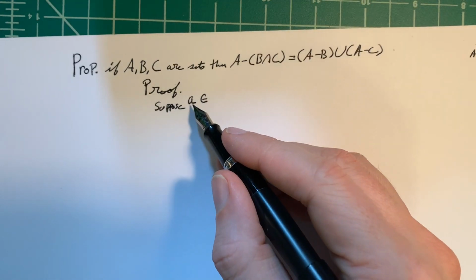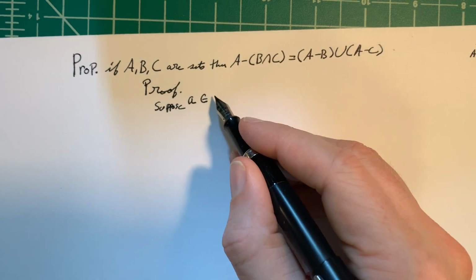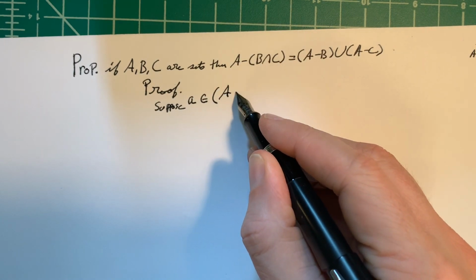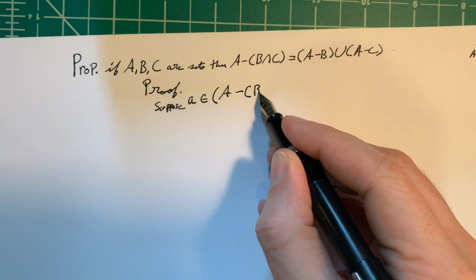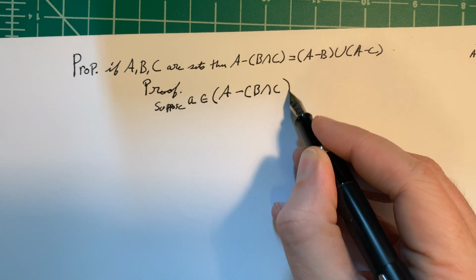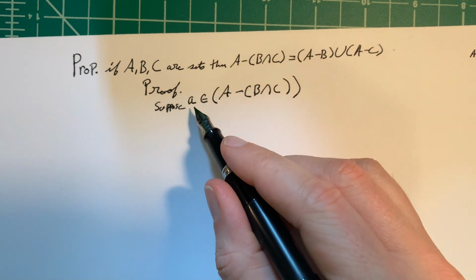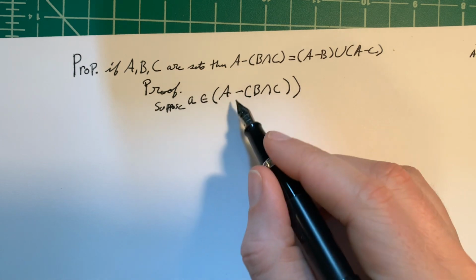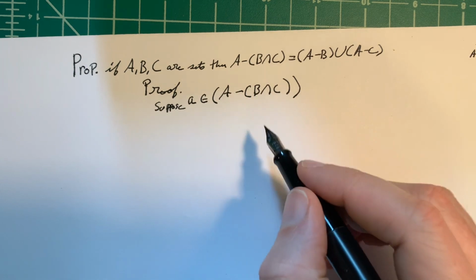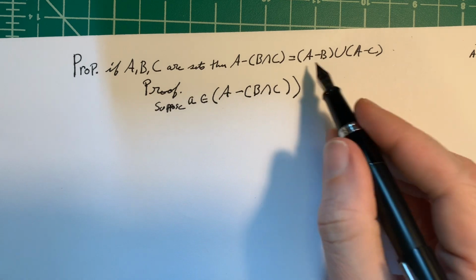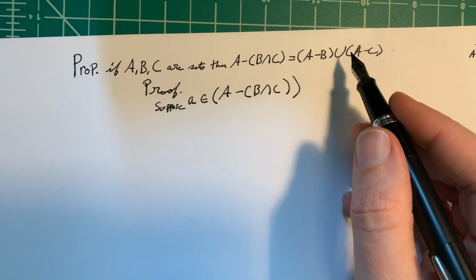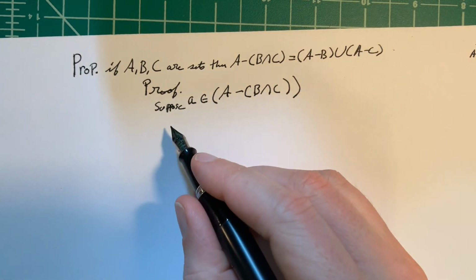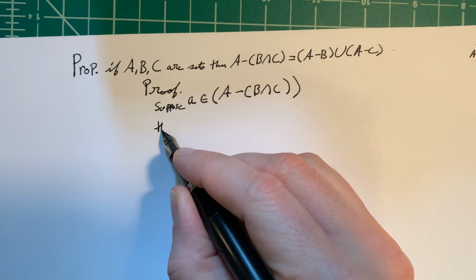So suppose that the element a is in this. Okay. So if some element a is in here, then therefore it must be in here. That's what I'm going to try to do. Okay, well, it's going to take me a few steps to do it, but let's see.